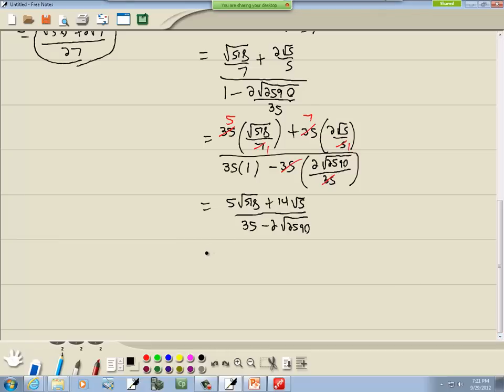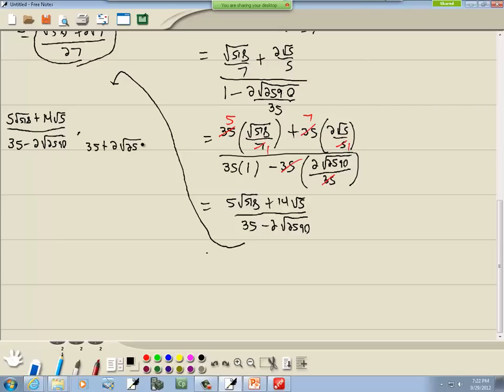Okay, so continue it up here, I guess. We can't have a square root downstairs, so we'll multiply top and bottom by the conjugate of that bottom. So we got 5 square root of 518 plus 14 square root of 5 over 35 minus 2 square root of 2590, times 35 plus 2 square root of 2590, and multiply the top part by that too.